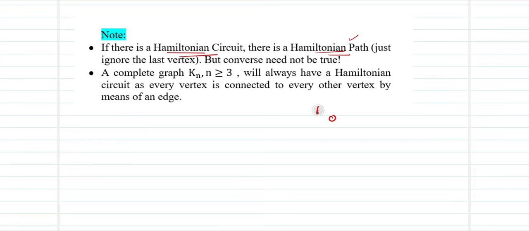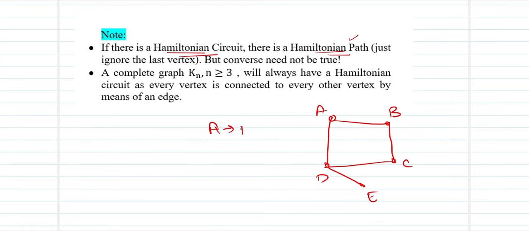Now let me have A, B, C, D, and now I am going to move to E. So what has happened over here? I started with A, I go to B, I go to C, I go to D, I go to E. This is going to be a path.